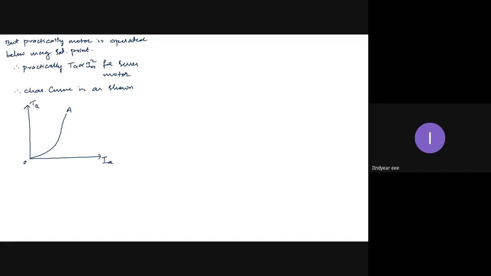So this is the torque armature current characteristic of a DC series motor.